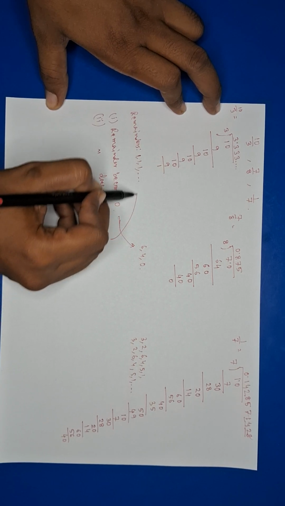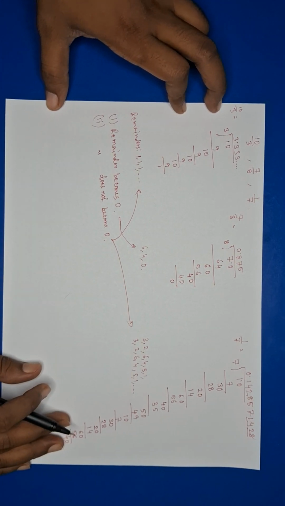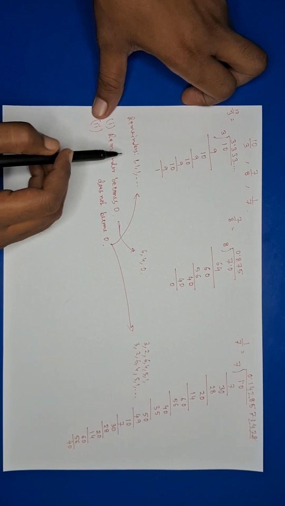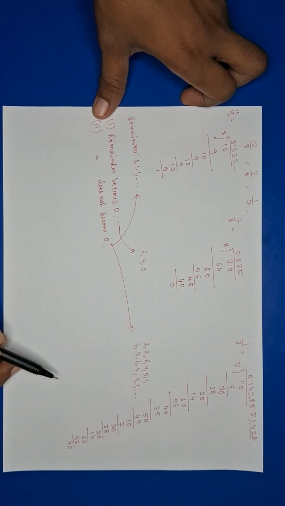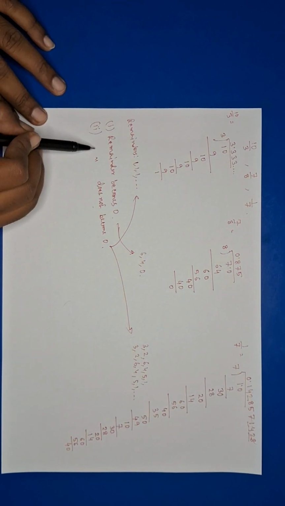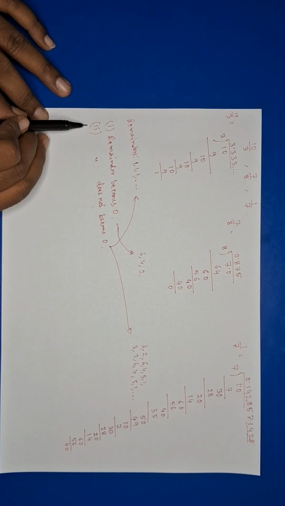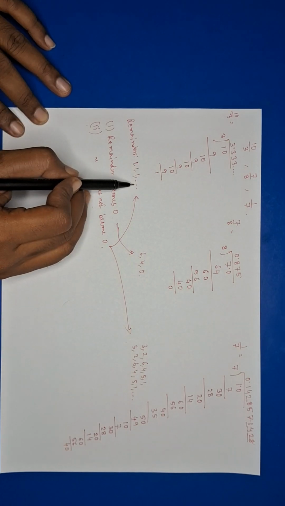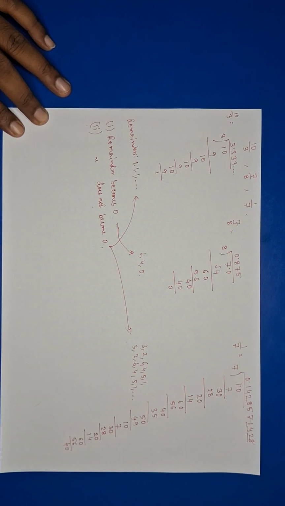Which case? These two cases, this and this case. So both these cases are rational numbers. Here you consider the remainders don't become 0 in the second case, but the remainders are repeating. So this is a rational number.